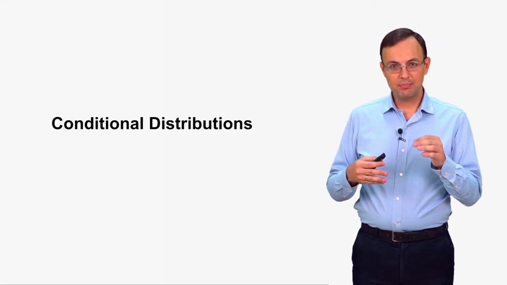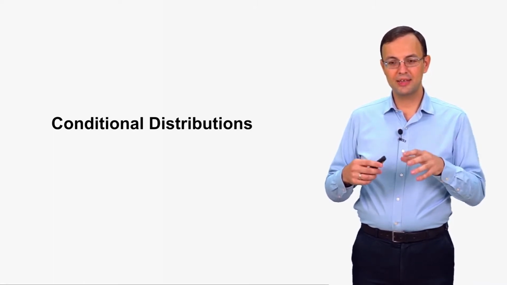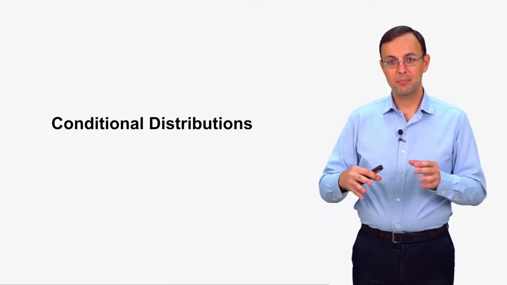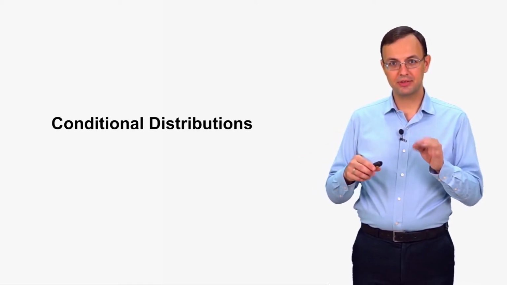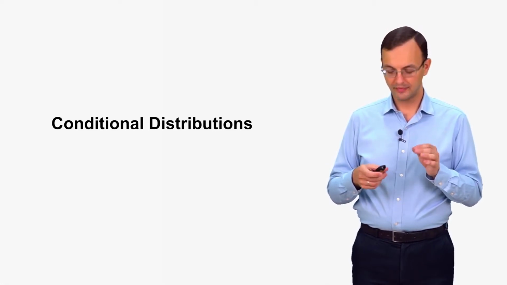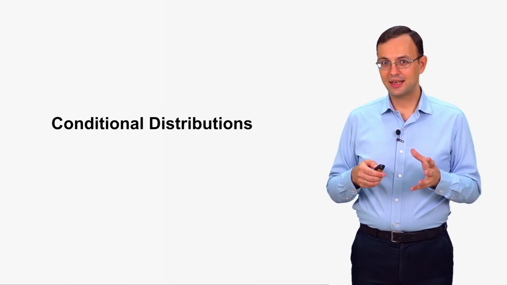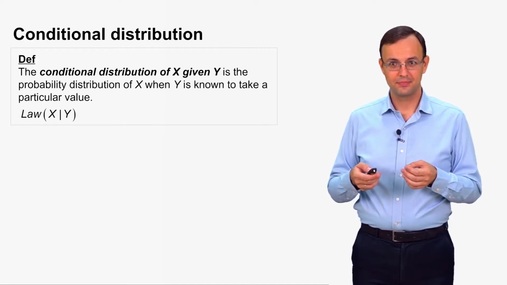So distributions of this kind, when we choose at random, but with the fixed value of some other random variable, are called conditional distributions. So let's now look at how they are described mathematically.